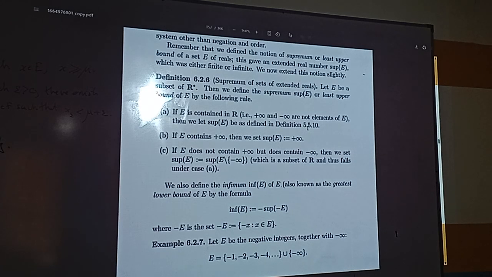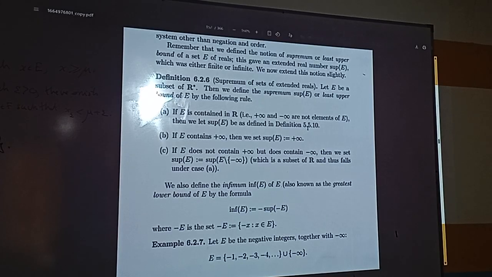Thus every extended real number has a negation. When he says extended real number, he means any real number, or minus infinity, or plus infinity. That's the meaning of extended real number. So every extended real number has a negative extended real number.